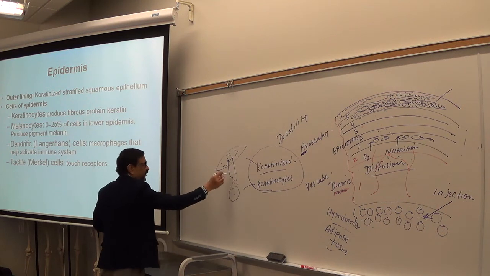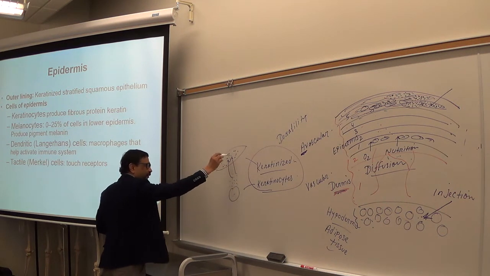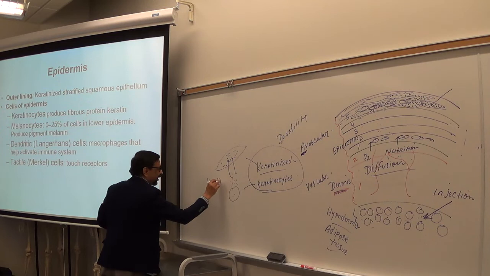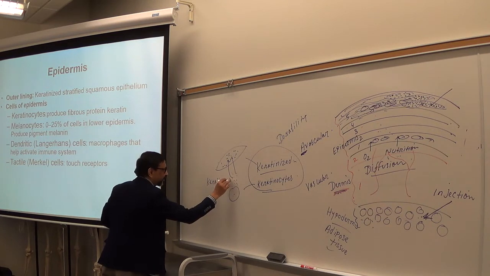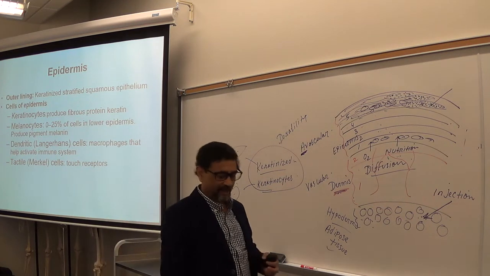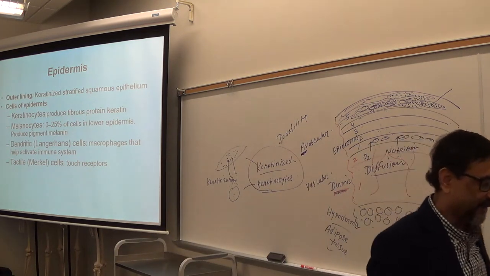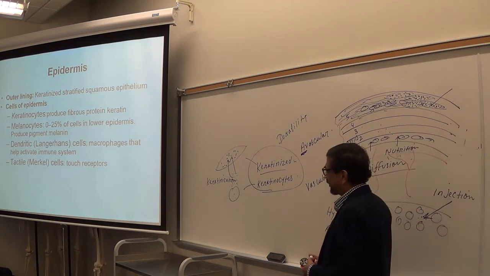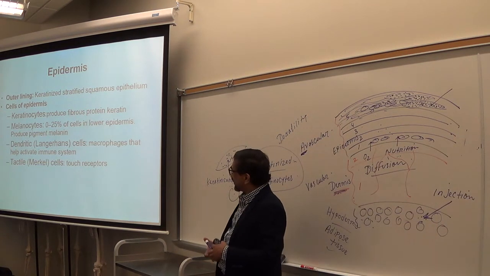Now this process, how the squamous cells get filled by keratin, is called keratinization. Makes sense? So keratinization is the process by which squamous cells get filled by keratin. So those are the cells.